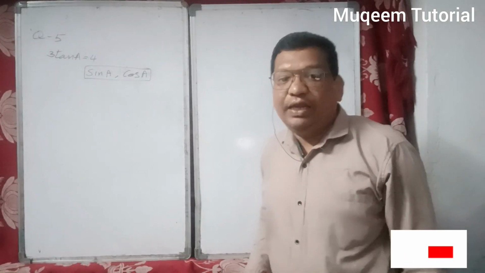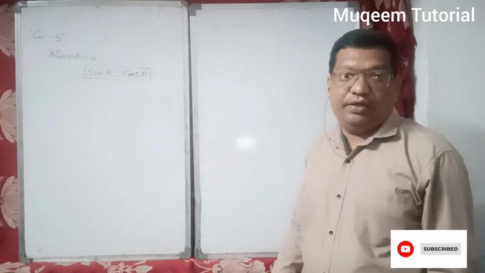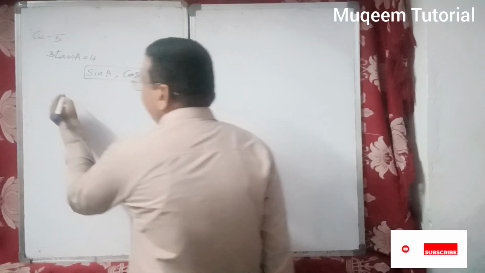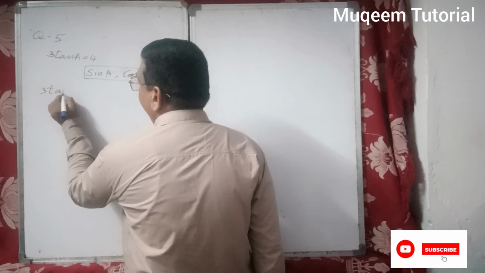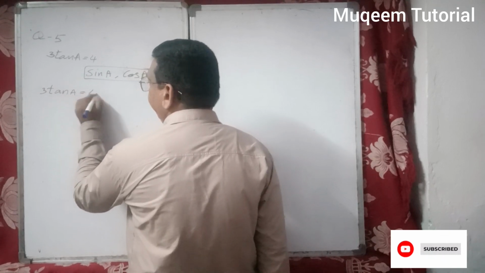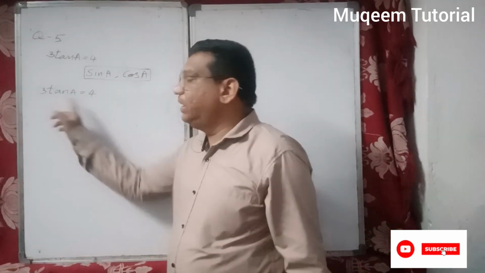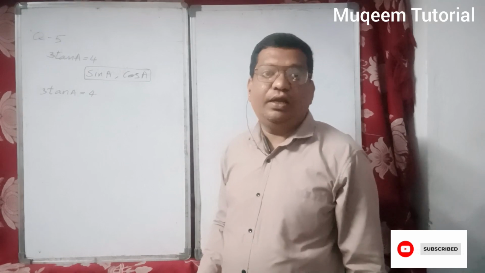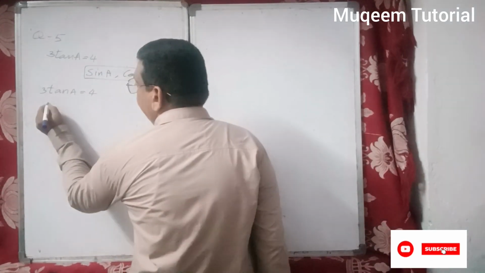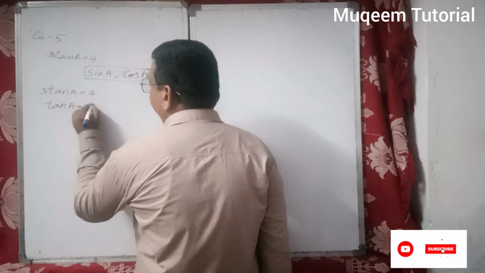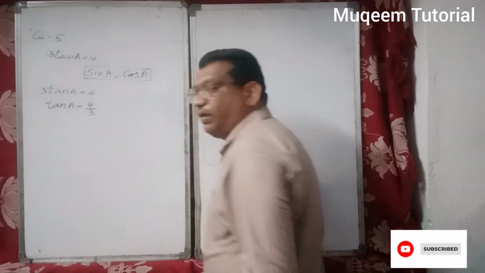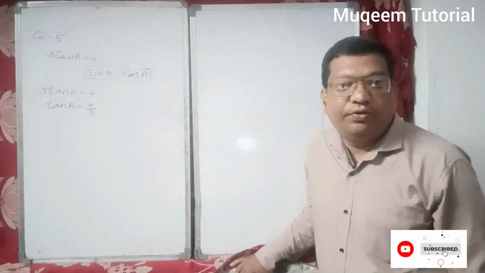So what is given here? 3 tan A is equal to 4. If we send this 3 to this side, it will come in division. So tan A is equal to 4 by 3.